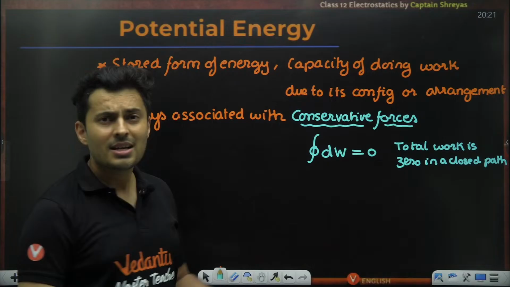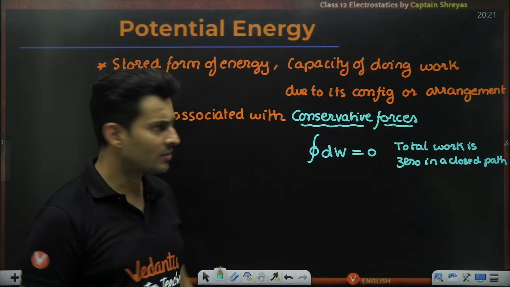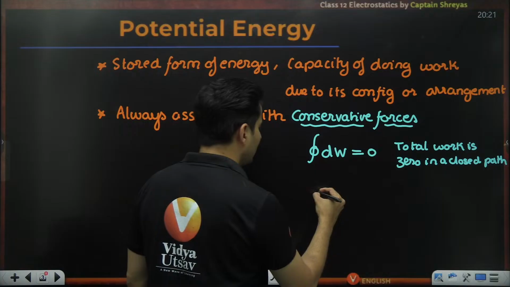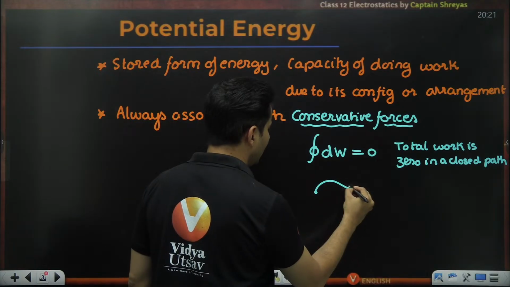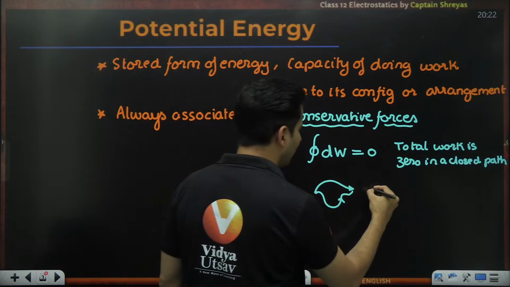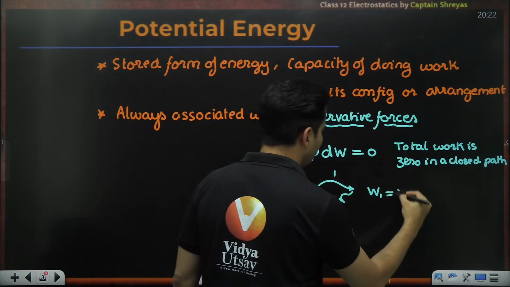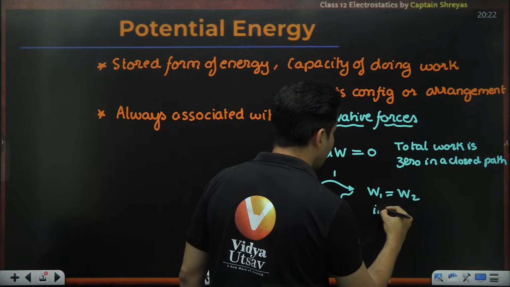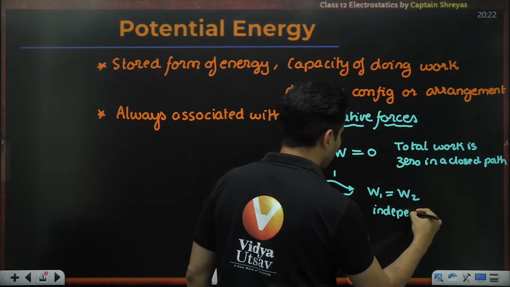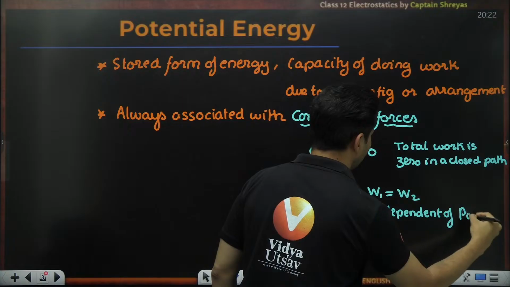It is true for gravitation, spring, elastic forces, even electric forces for that matter. And if you go from point A to point B via two different paths, the work done in path 1 or in path 2 will be the same. It is basically independent of the path.